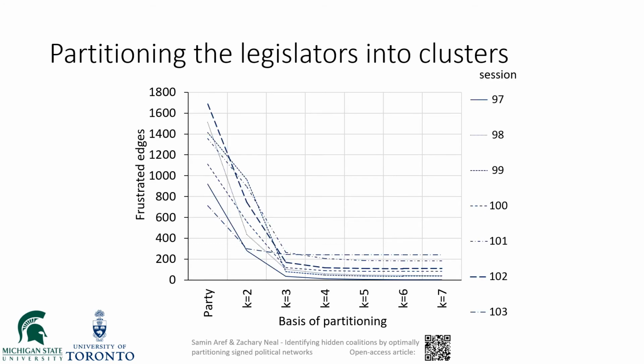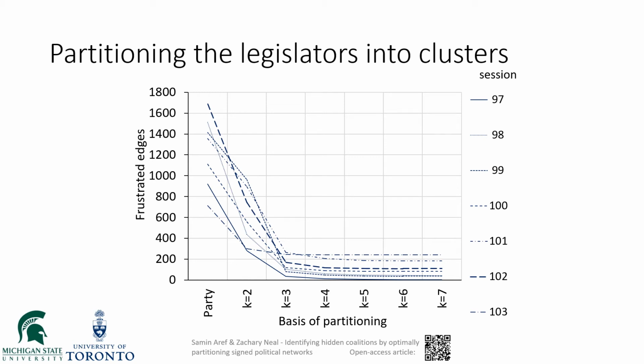On this slide, we have more sessions of the House of Representatives, and we see the results that we had for the 1907 session in the previous slide are rather similar for the other networks as well. So we see the general pattern that partitioning based on party affiliation leads to relatively many frustrated edges.